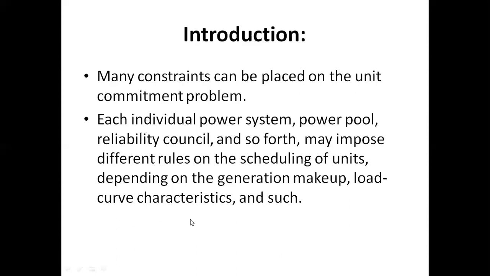So depending upon the generation makeup and also the load curve characteristics, this is one of the important phenomena: what is the maximum load within the system, what is the minimum, and what is the range between the maximum and the minimum load in order to meet the demand of that particular area or the particular day of an area. This is the important criteria in order to comment on the unit commitment.